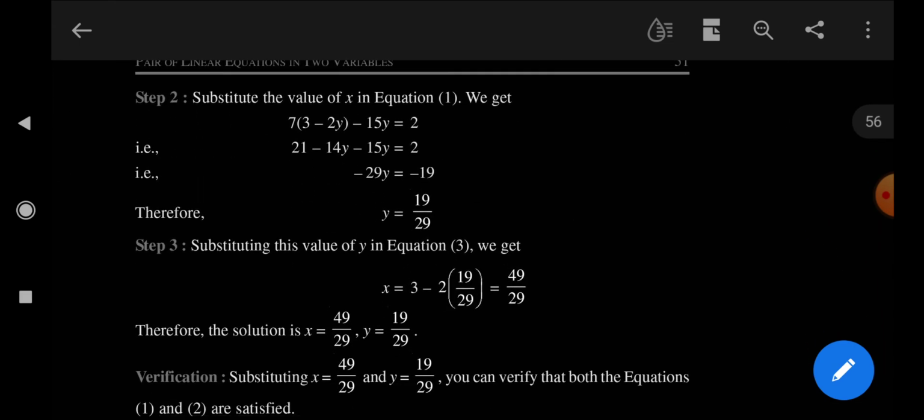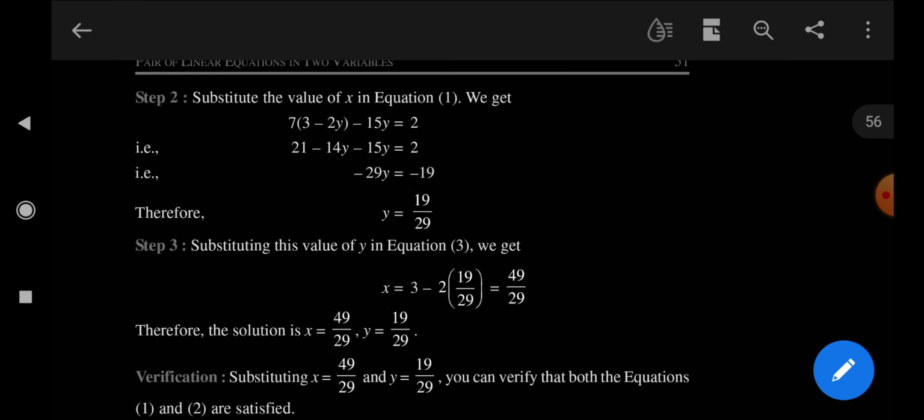Step number 2. Substitute the value of x in equation first. We get 7 bracket 3 minus 2y bracket close minus 15y is equal to 2, which is 21 minus 14y minus 15y is equal to 2, and again minus 29y is equal to minus 19. Therefore, y is equal to 19 upon 29. Step number 3.